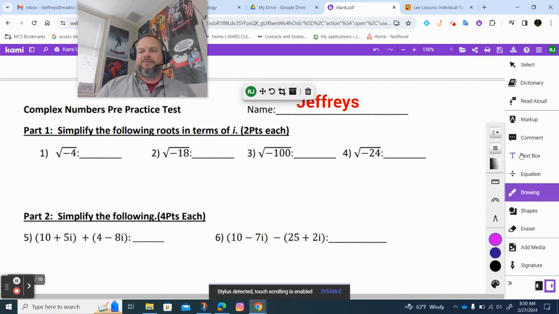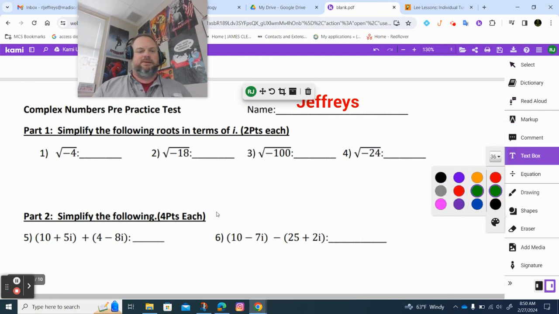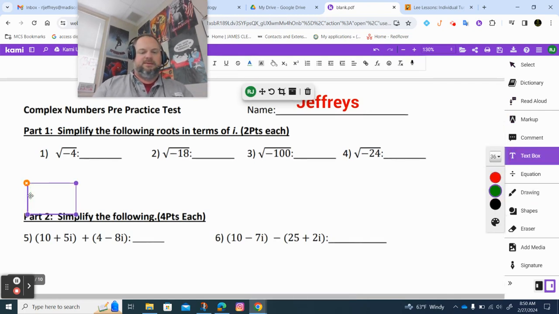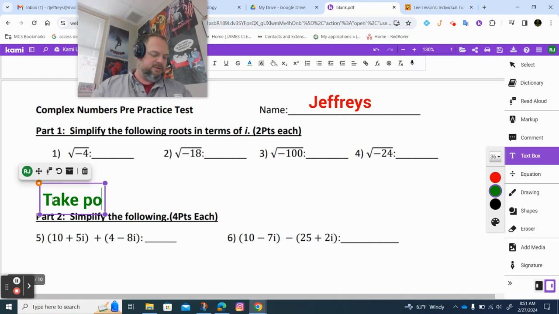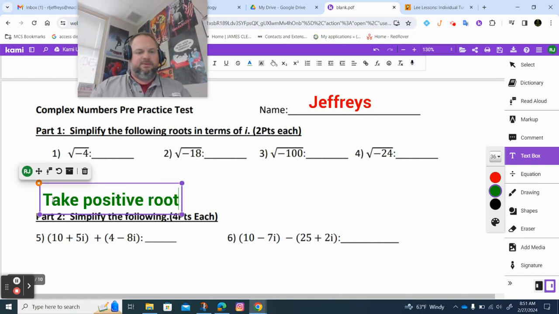Let's see, Mr. Jeffrey's little helper hint here: take positive root and add.